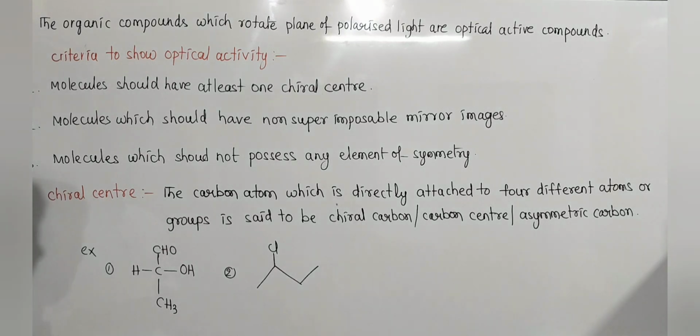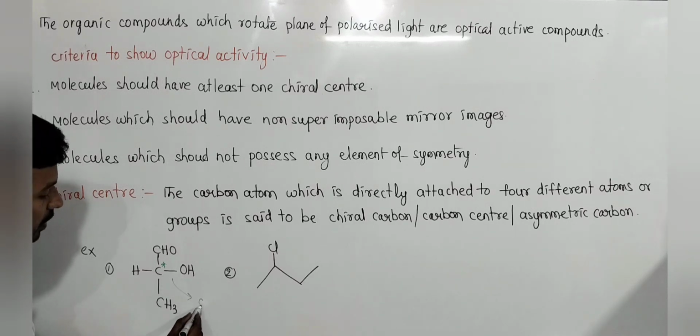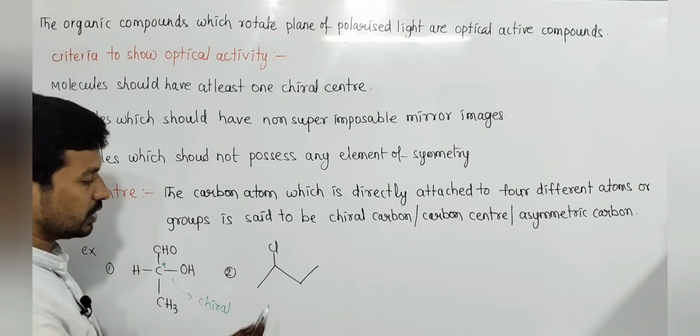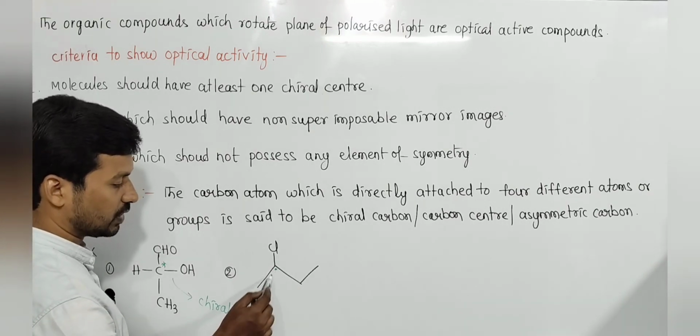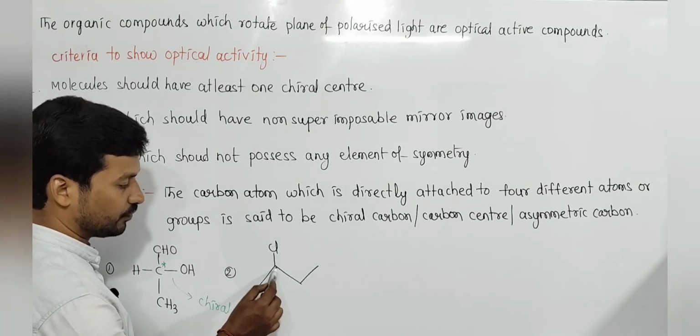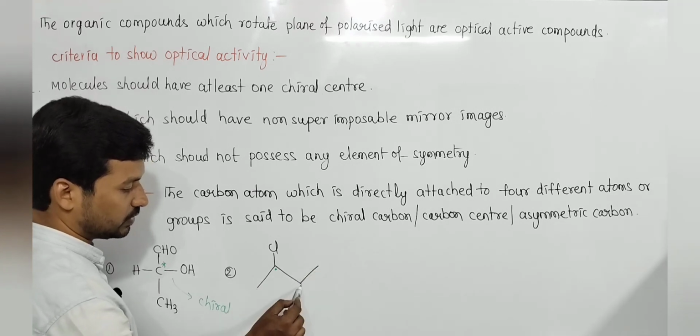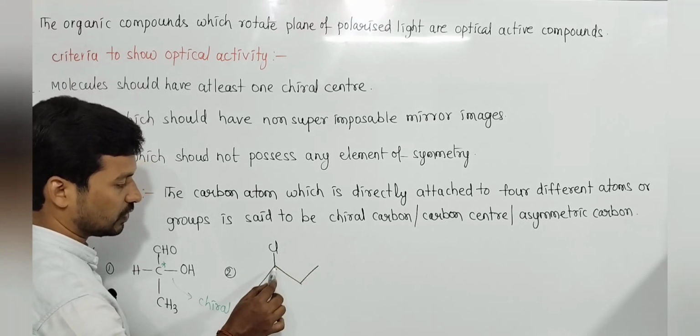For example, glyceraldehyde. In glyceraldehyde, this carbon is a chiral center, because on the left is hydrogen, on the right a hydroxy group, on top a CHO group, and at the bottom CH3. Four different groups. So this is a chiral carbon or asymmetric carbon. Here this carbon is also chiral, because on this side is methyl and on this side CH2CH3, and there is chlorine.